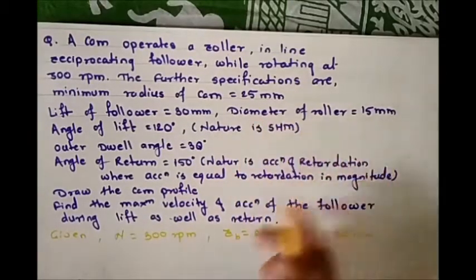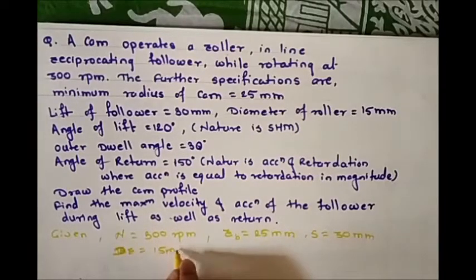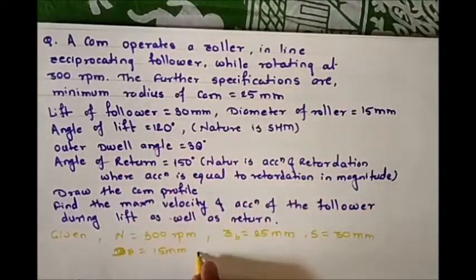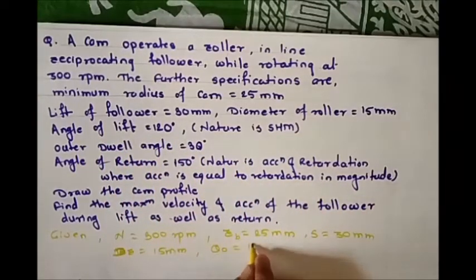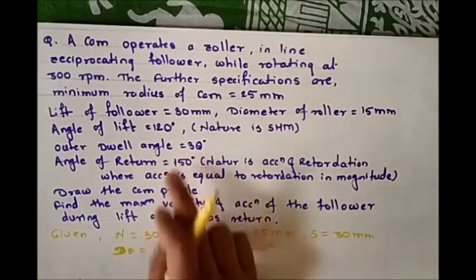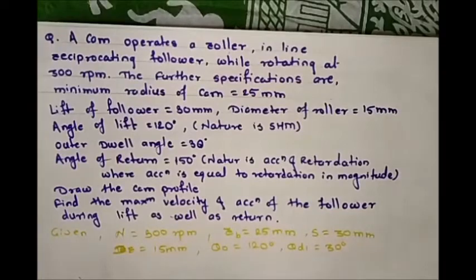Then diameter of roller is given, so roller diameter d_r, it's not r_r, is 15 mm. Then angle of lift theta_o is equal to 120 degree. Then outer angle of dwell, that is theta_d1, is equal to 30 degree.